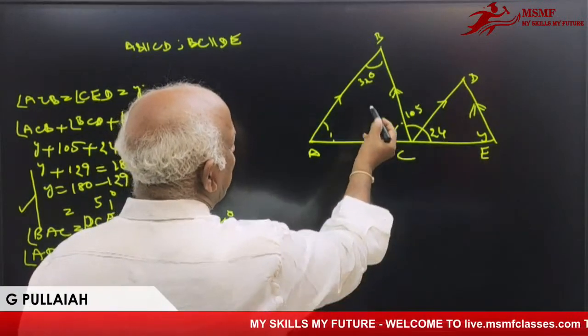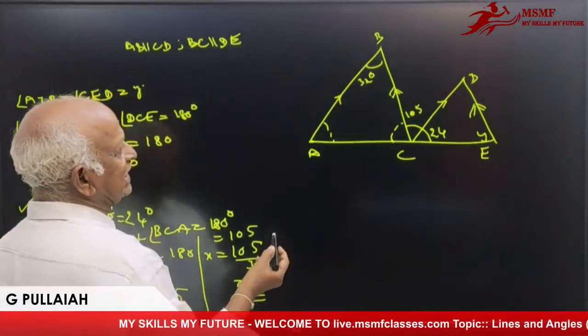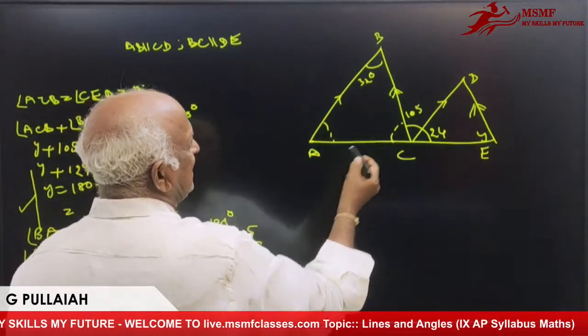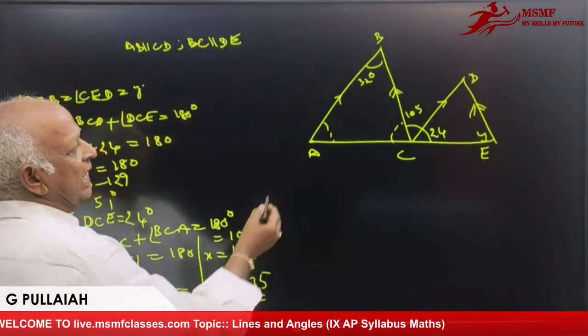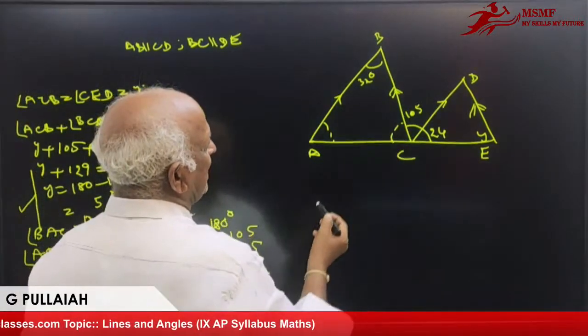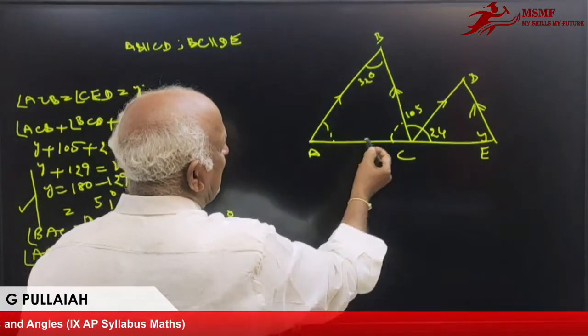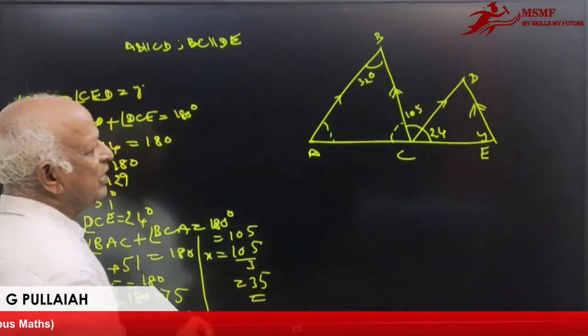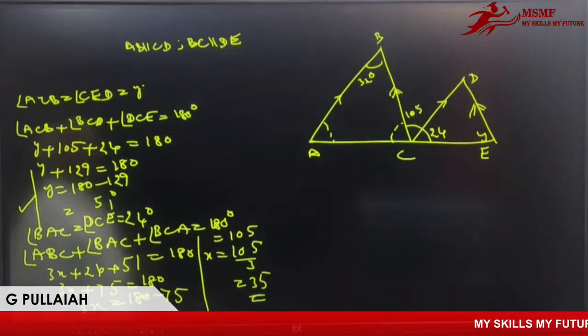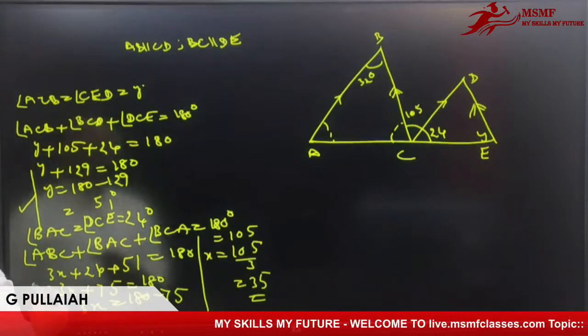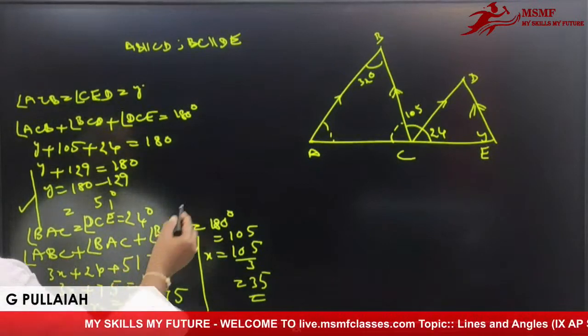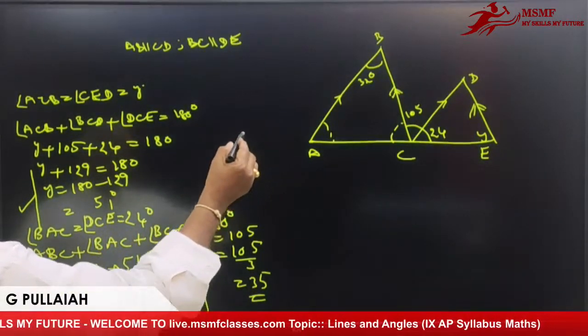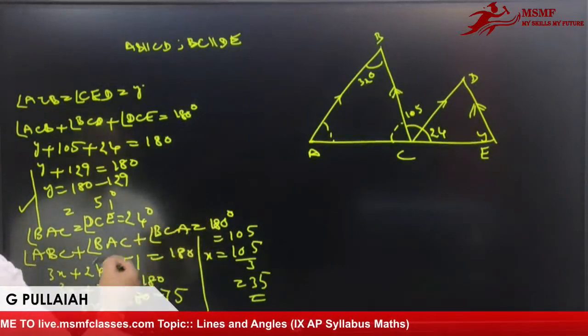So these two are the interior angles. Again you can think of angle BAC, as AB and CD are parallel, you can say angle BAC is equal to angle DCE, that is nothing but 24 degrees. So angle ABC plus angle BAC plus angle BCA is 180.